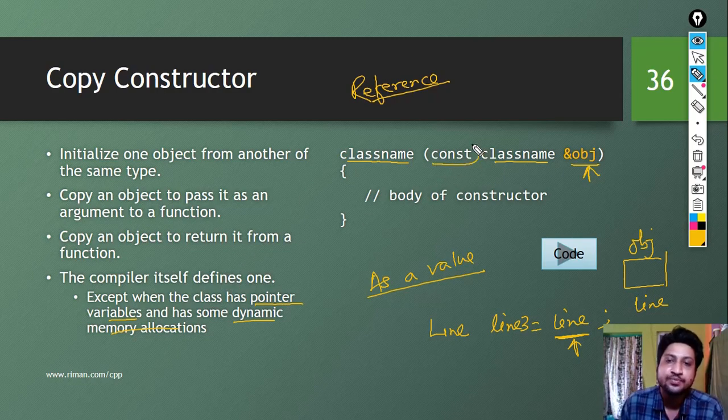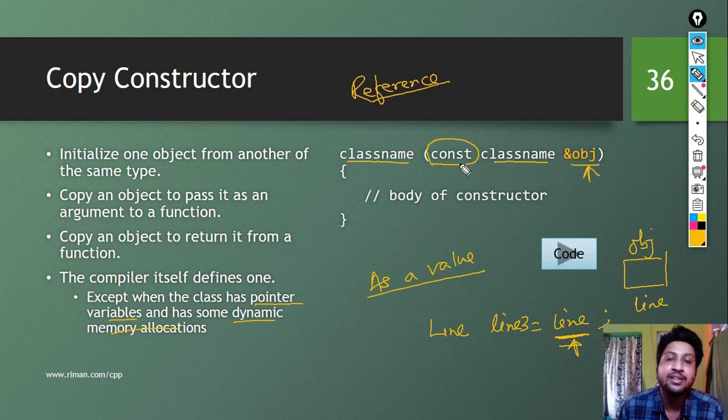And why constant? Because we don't want to change the original object. If by any chance you change the original object, it will hamper it. That's why we have set this obj as constant, so obj cannot change or modify the values here. This is passed by reference, so whatever changes we make to this object would be reflected in line.